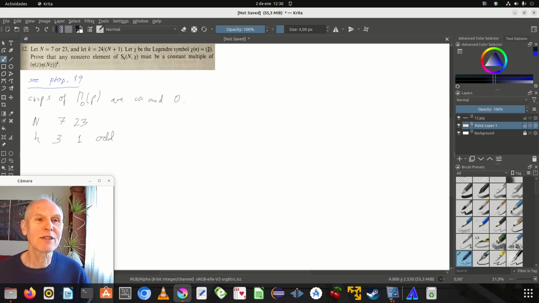And then I went back to look at the proposition, and they were all even. And that means that when we operate with minus I, then it becomes minus f of z, because k is odd.